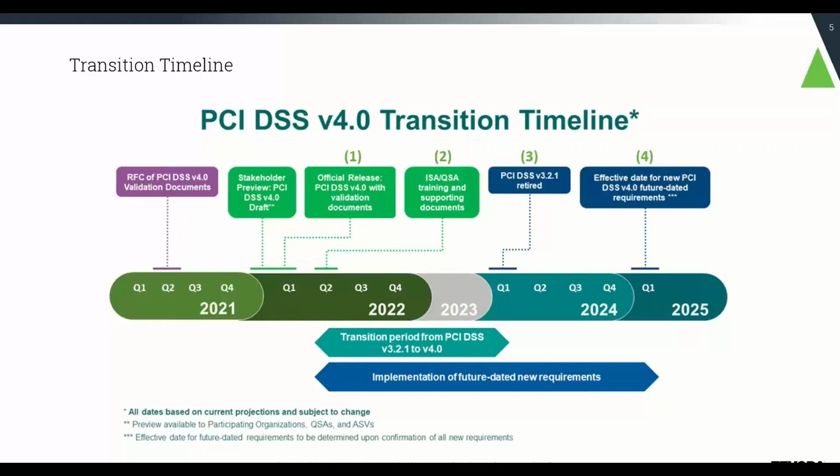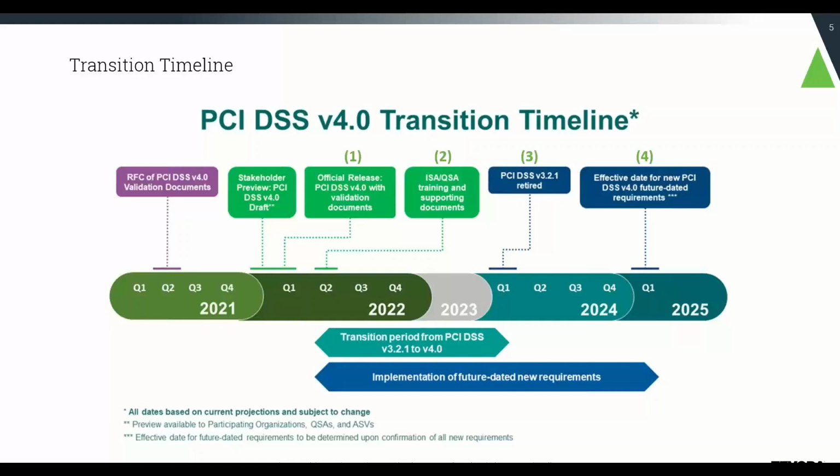In Q2 of 2022, for this year, the PCI SSE is planning to create training for our QSAs to be certified to provide that 4.0 training. Each QSA needs to be certified in that 4.0 training to actually attest against 4.0. Third date is the retirement of PCI 3.2.1.